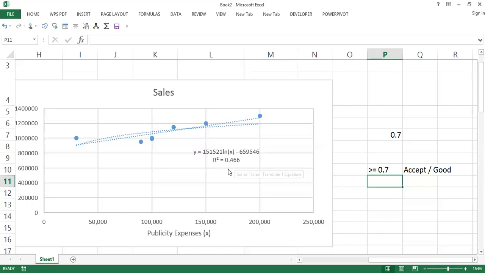In order to bring it to 46%, we multiply by 100. That is what I'm saying. So if I want to say this in percentage, I will say 70%. It's the same thing as saying 0.7.